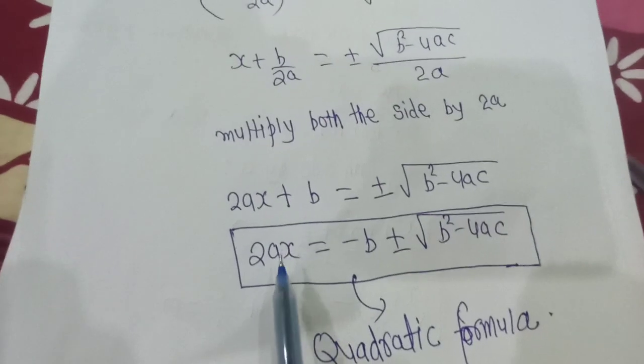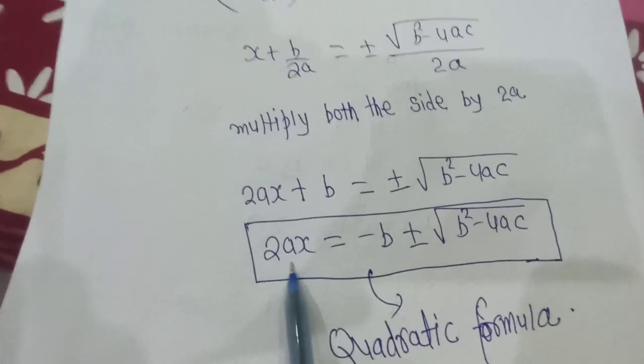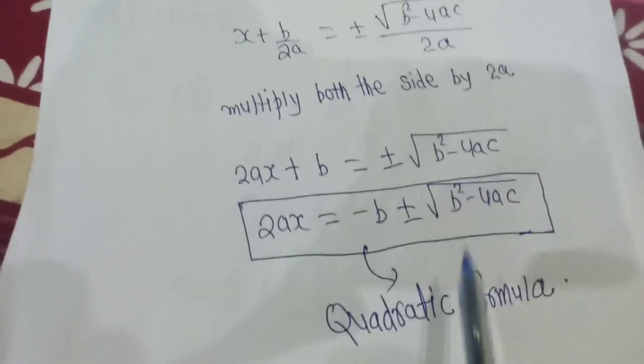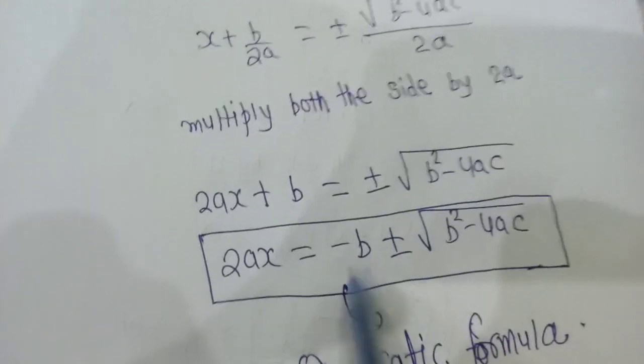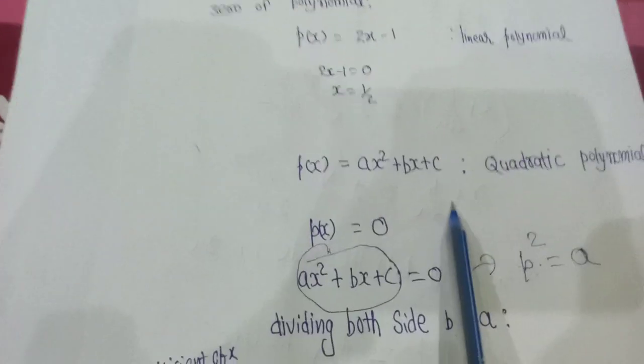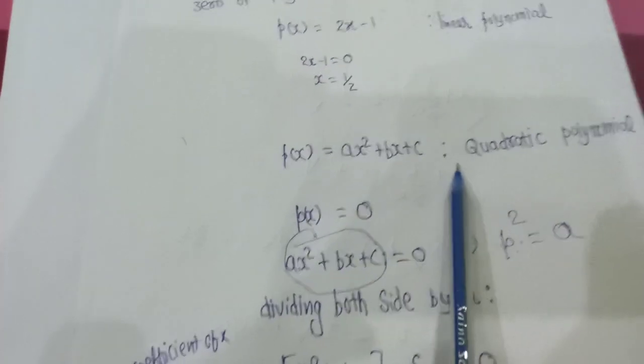So this will become 2ax equals minus b plus minus under root b square minus 4ac. You can see that in the quadratic equation ax square plus bx plus c, we already know the values of a, b, c.